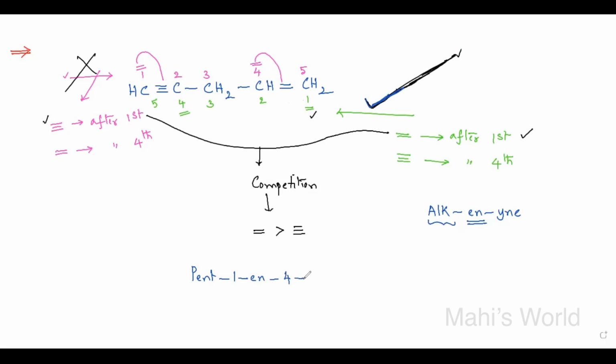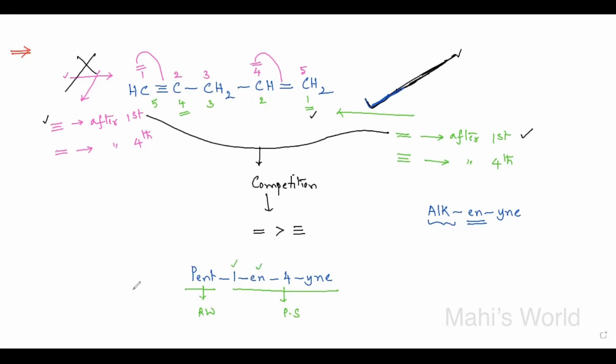And of course the triple bond is after the fourth carbon, so it's 4-yne. Pent-1-en-4-yne. Pent because 5 carbons are there. This is a root word. Because you got double and triple bonds both, this is considered to be the primary suffix put together.